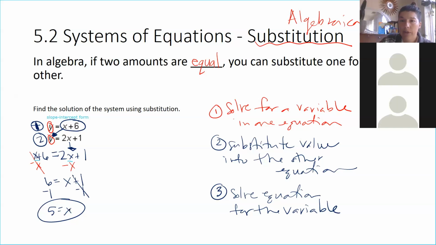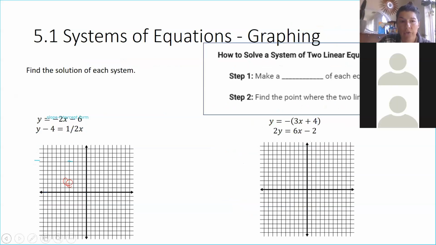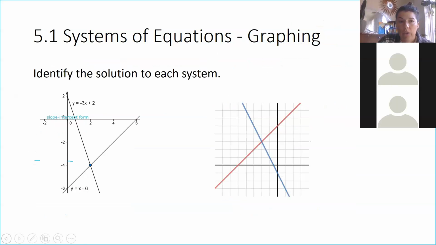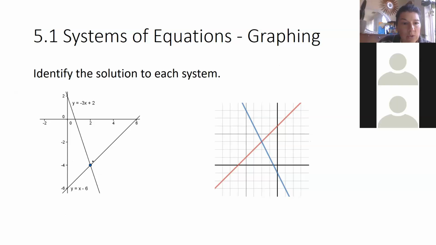Okay. I'm going to go back for a moment and look at some pictures. You guys remember these ones? Notice this coordinate pair is the same in both lines. So this one was 2, -4.